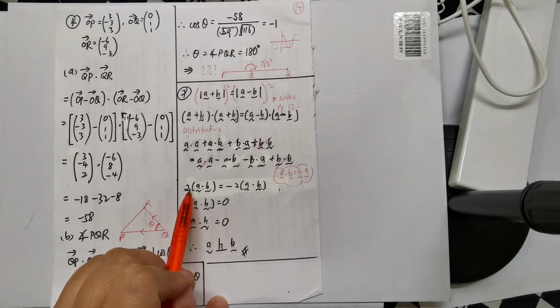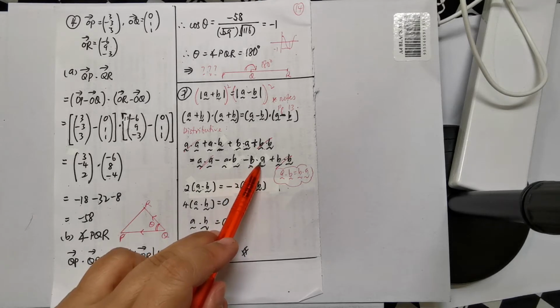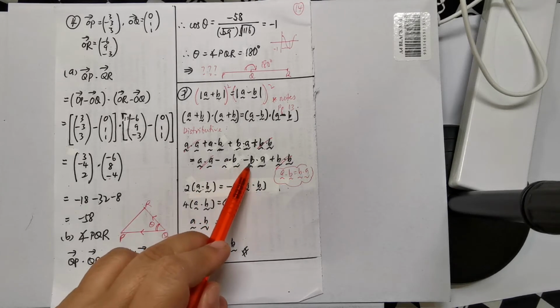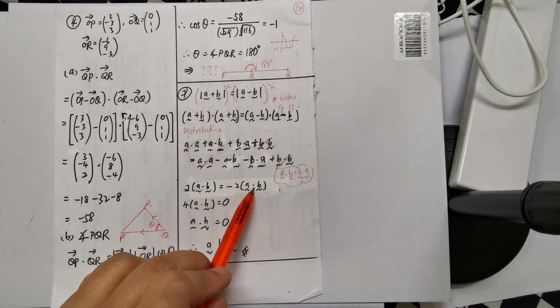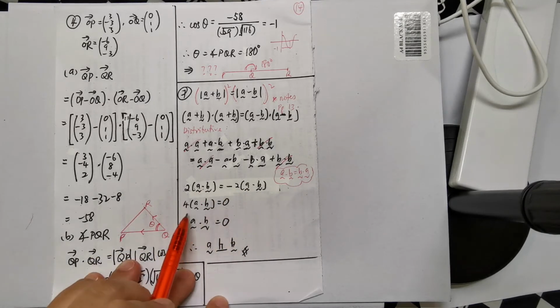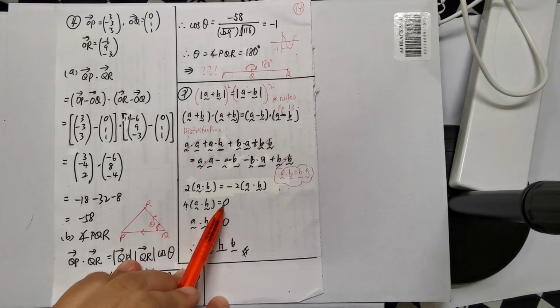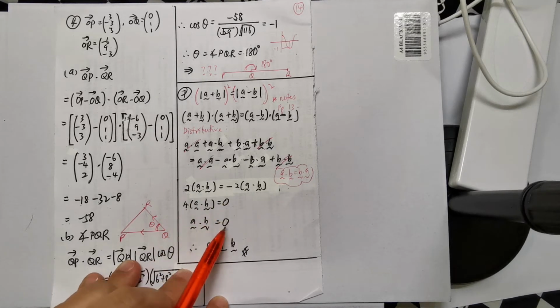So I have 2 A dot B. Here also B dot A is the same as A dot B, right? So minus A dot B minus A dot B is minus 2 A dot B. So shift this one here, plus 2, so it becomes 4 A dot B equals 0 already. So A dot B equals 0. This is what I want.